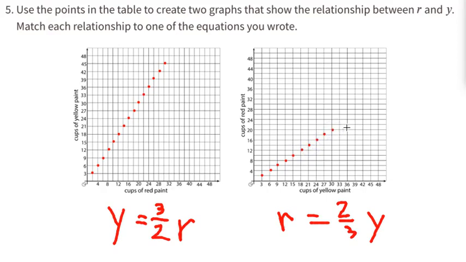These lines are the same, and if I would rotate the graphs around, they would line up the same, but they look different because on one we're talking about for every 2 red we've got 3 yellow. Here we're talking about for every 2 yellow we've got 3 red. So it's just looking at it from a different angle.